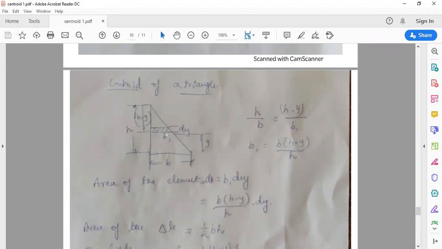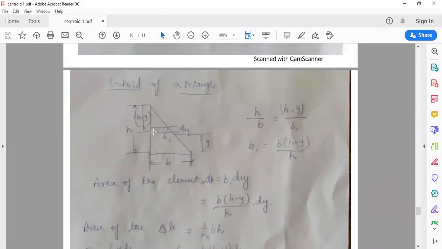Then the area of this elemental strip is b1 into dy. Now I have to write b1 in terms of h and y, and that is from similar triangles. The entire triangle has height h for base b.